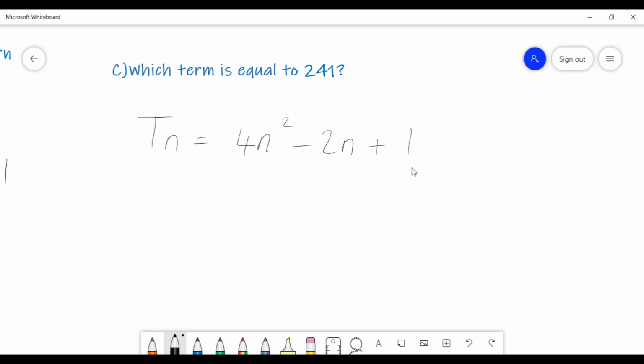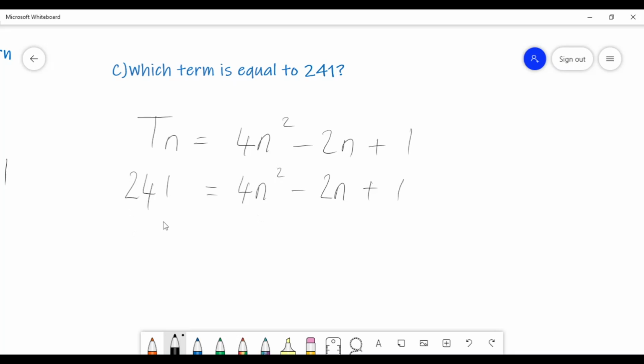We need to determine which term is equal to 241, so you just substitute the 241 into your Tn, because that's the value. Now we need to determine the position of that term on our sequence, so we're trying to solve for n, because we're looking for the position.